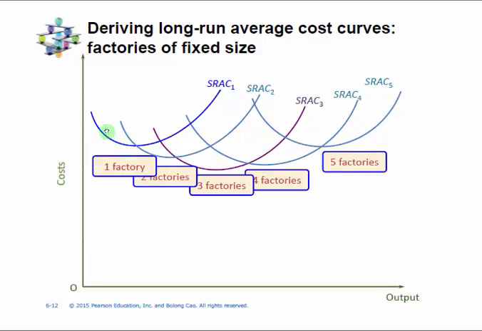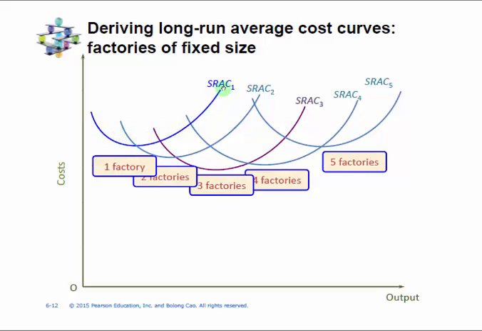That is changing capital input. As long as the time period allows you to change the capital input, then you're in the long run. It doesn't matter whether it's a month or a year or 10 years. The time period that allows you to change the capital input is the long run. So that's the key difference.